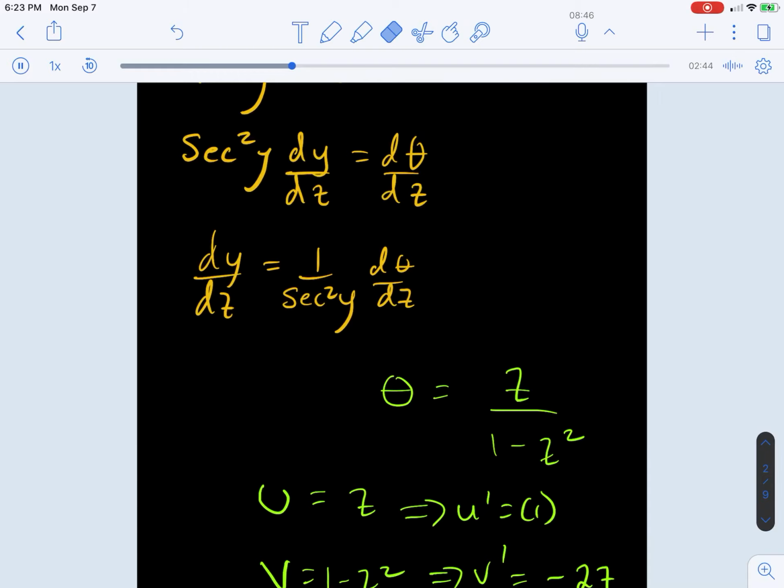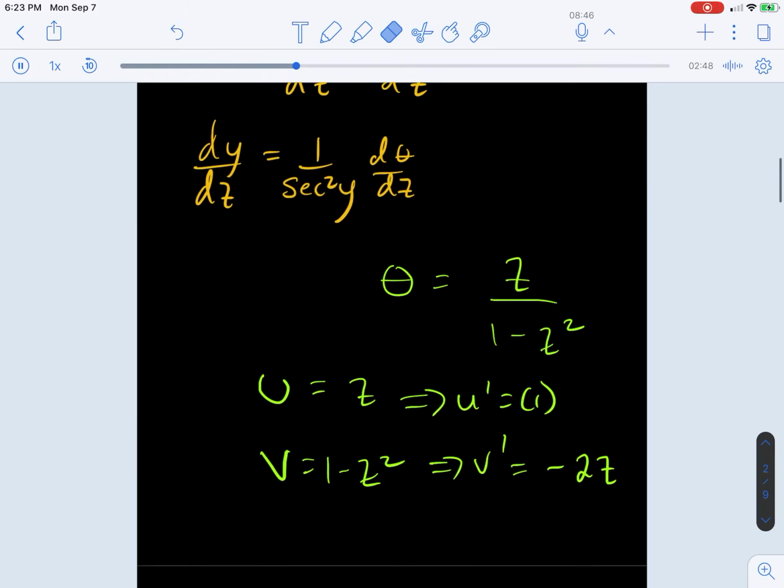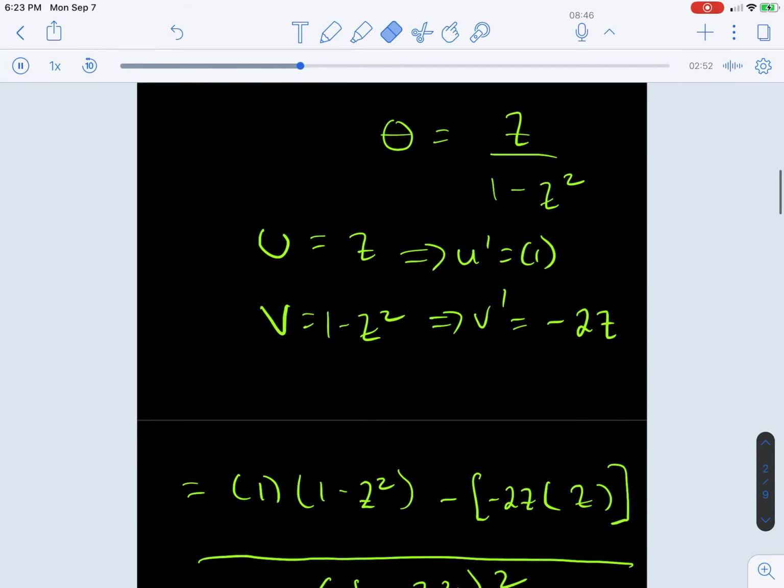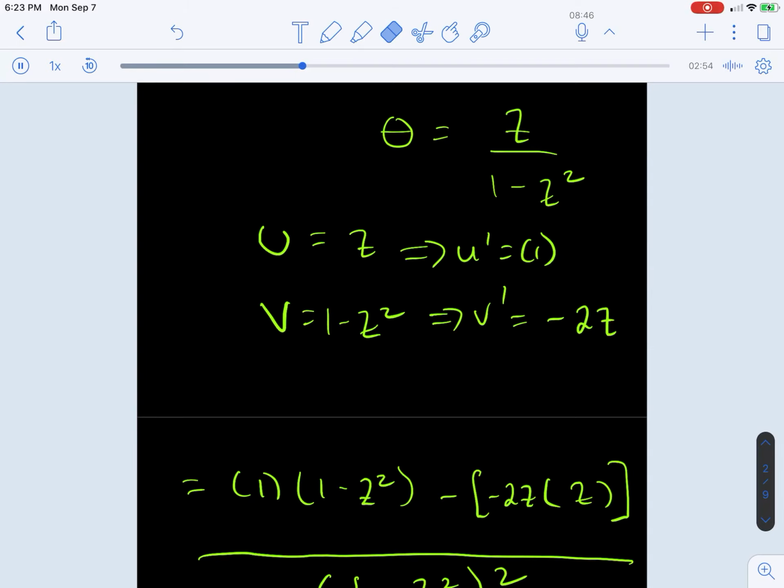So first things first, I'm going to differentiate theta. Theta equals z divided by 1 minus z squared. Using the quotient rule, I have u is z and v is 1 minus z squared. Therefore, v prime would be minus 2z and u prime is 1.